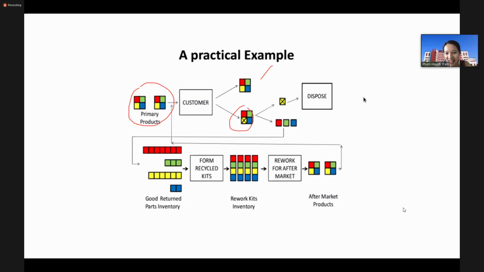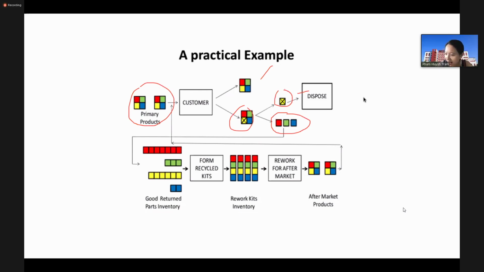There they will dismantle the product to take the good parts which are still usable, and the bad parts will be disposed of. So the company will recollect many recycled products like this one and try to sort out the reusable parts.